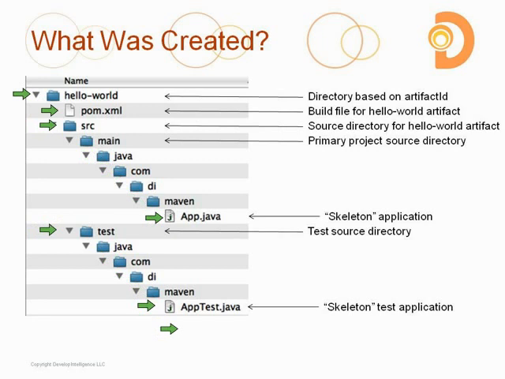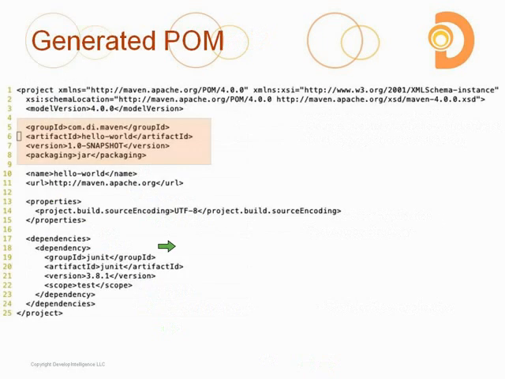So that's the first thing for us to be aware of. And because we're thinking of Maven as a project management tool, it's also worthwhile for us to understand what's in the POM. If we were to open up that pom.xml file, you'll notice a couple of things. One is that the archetype creates the general UUID for my project. We define that based on the group ID, the artifact ID, and the version.